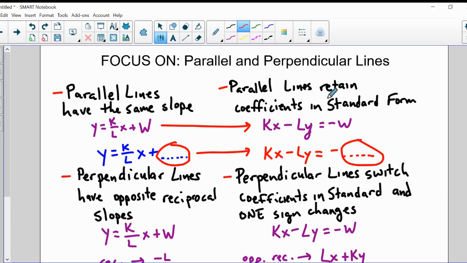So basically what that means is that parallel lines retain their coefficients in standard form. So if the equation looks like this and it asks for a parallel line, notice that kx minus ly is going to stay the same.